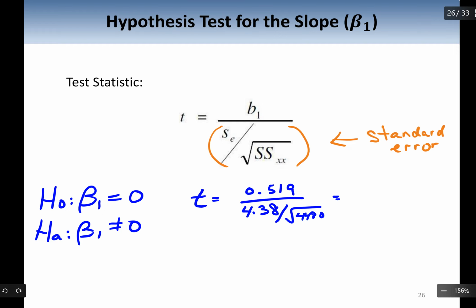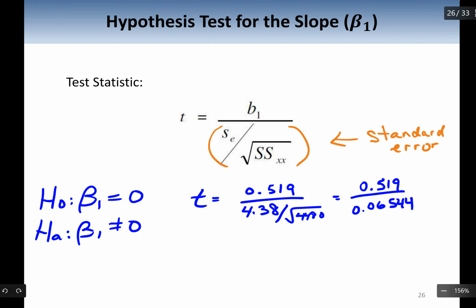So that ends up being 0.519. That is our B1, our slope estimate, or coefficient if you want to call it. And our denominator, I want to show this separately here because its value is equal to 0.06544.